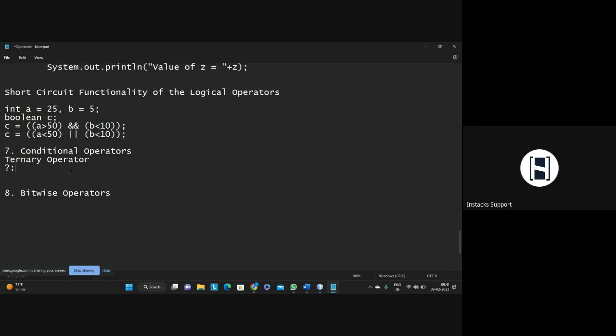Okay, how to use it or why we are using it. As you know, for each and every operator, we are discussing why that operator. So what is the purpose of my conditional or my ternary operator? It is used as a simple replacement for my if else.